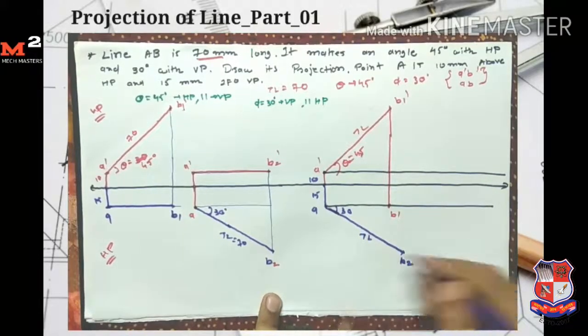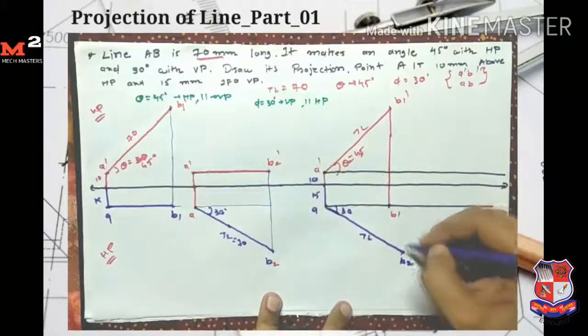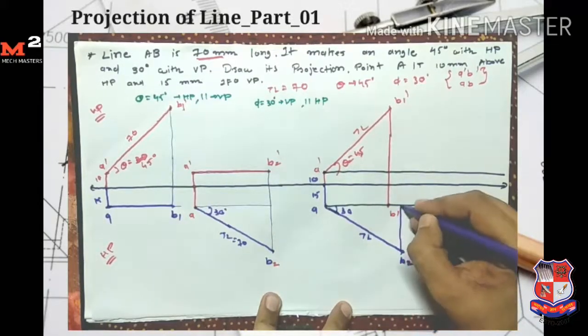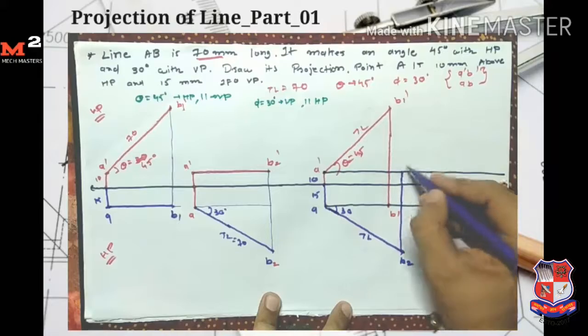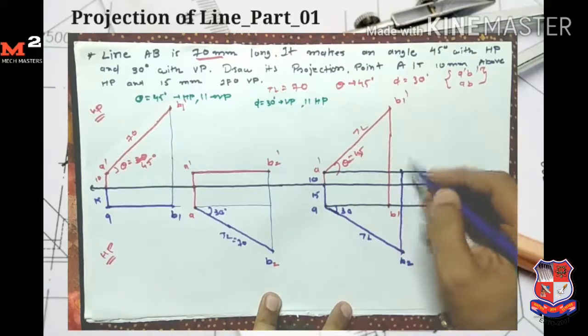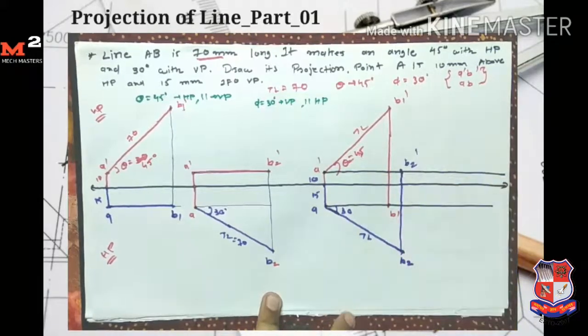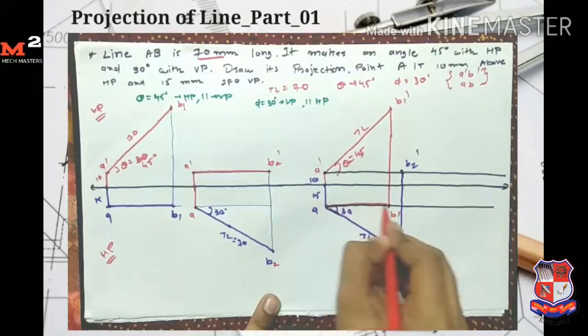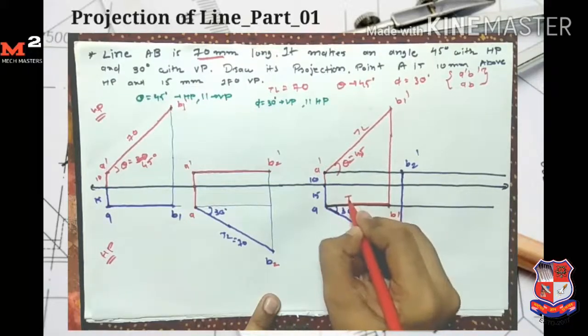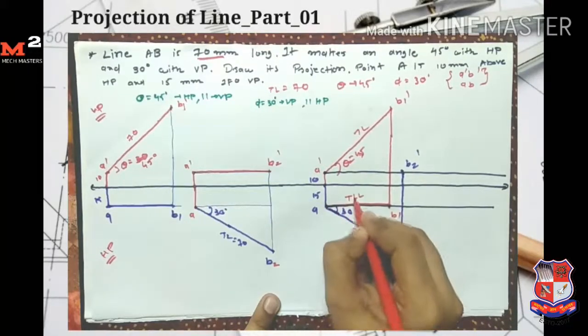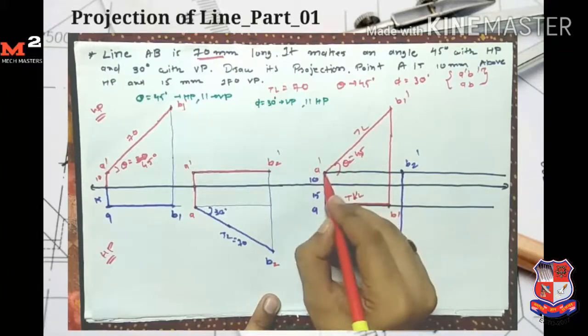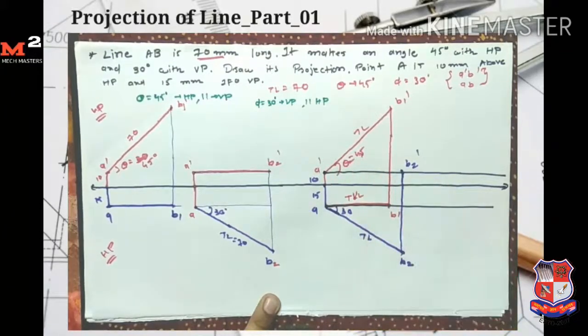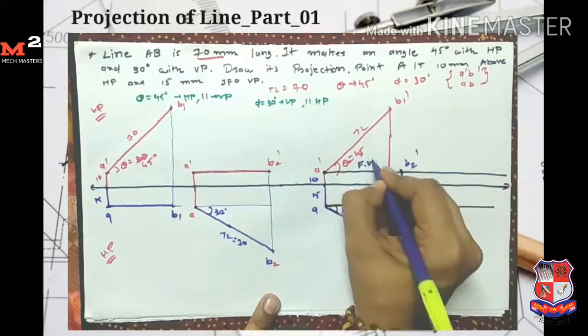Now from B2 I draw its projection at here up to the locus of A dash. So here I get the point B2 dash. This one, AB1, is my top view length, and A dash B2 dash is my front view length.